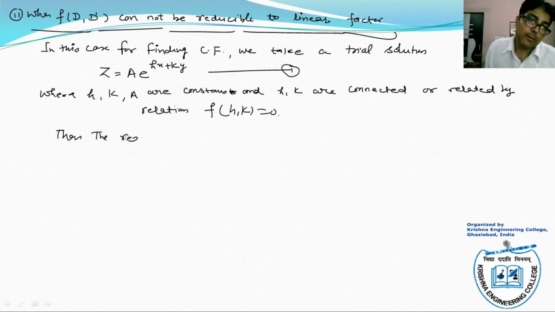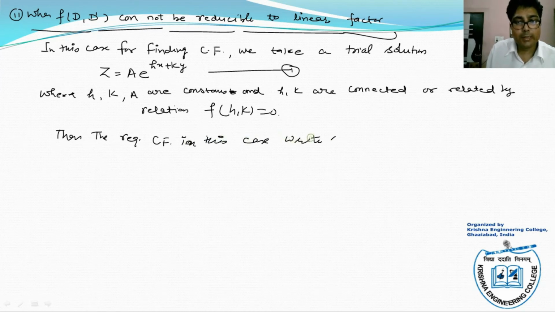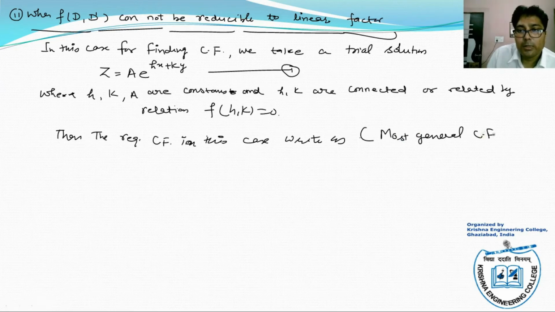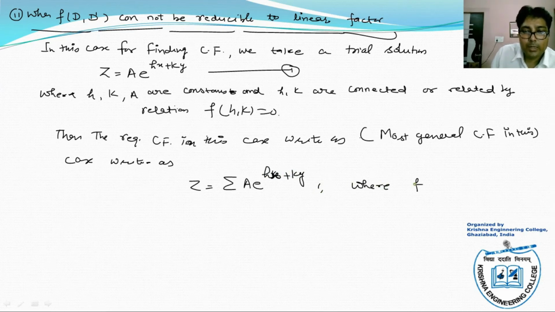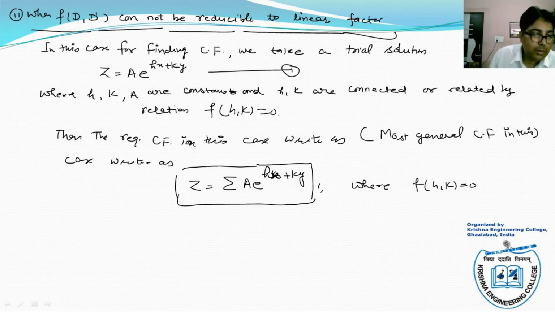Then the required CF in this case, or the most general solution, CF in this case, is z is equal to sigma A e to the power hx plus ky, where f of h, k is equal to 0. Clear? This is h.